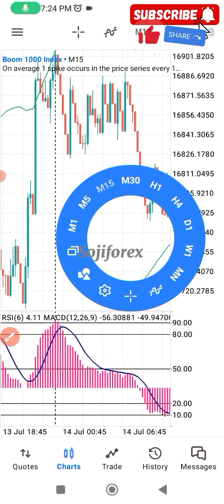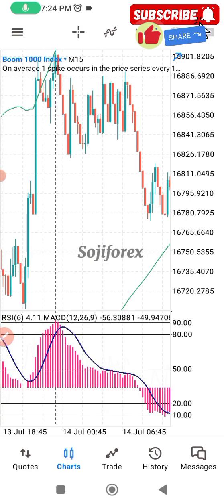Price piercing the upper Bollinger Band. And then condition number 2: you want to see a close of a 4-bullish-candle, 4-bearish-candle, 1, 2, 3, 1, 2, 3, 4. Okay, you can see this is a 4 bearish candle.